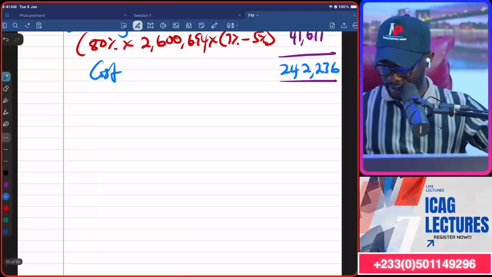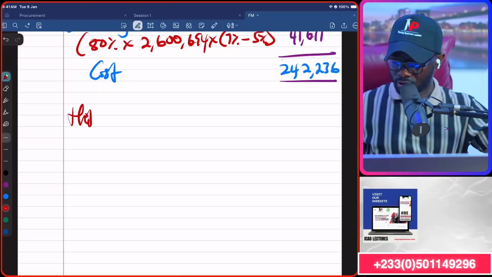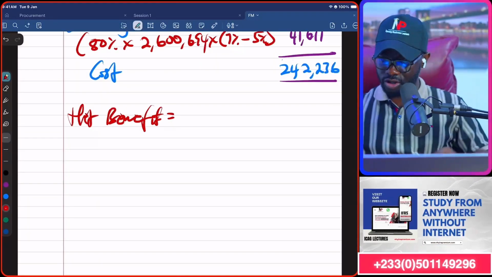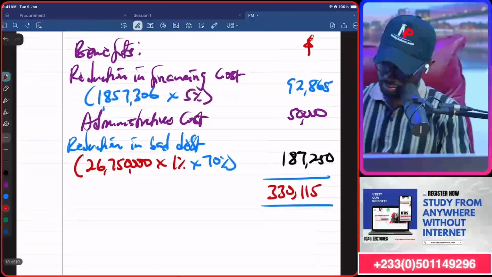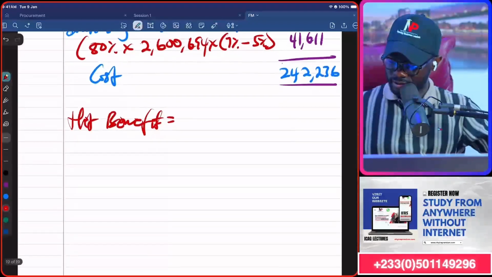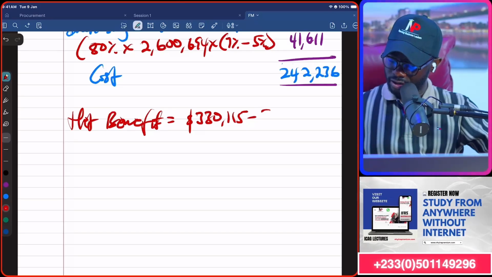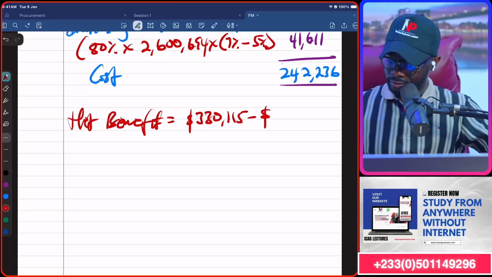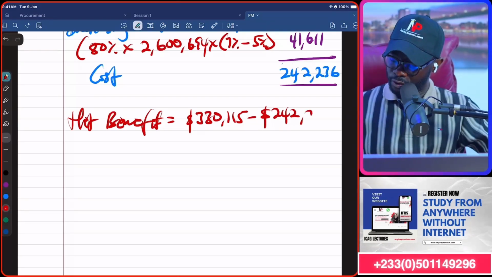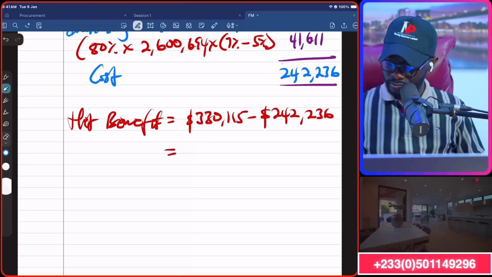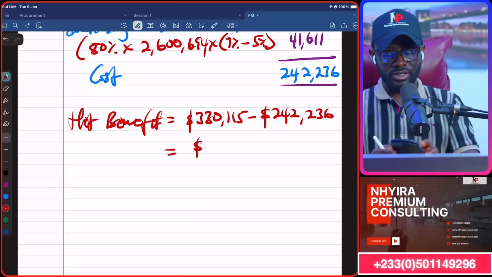So the benefit exceeds the cost. So net benefit is going to be equal to 330,115 minus 242,236. So we punch that out.